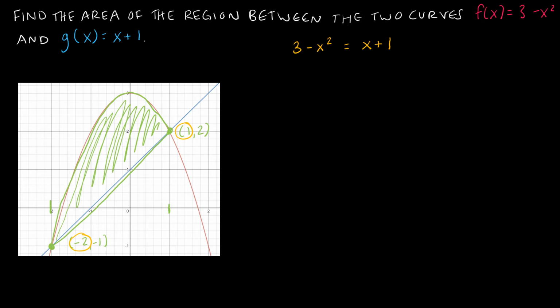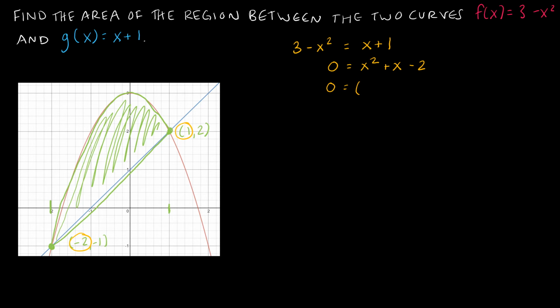So I'm going to start by putting everything on the right side of the equation. So I'm going to add x squared, which is going to give me x squared over here. And I still have the positive x, and then I'm going to subtract 3 from each side, which gives me -2. So on the left side I have 0, and on the right side I have x squared plus x minus 2. I'm going to do some factoring.